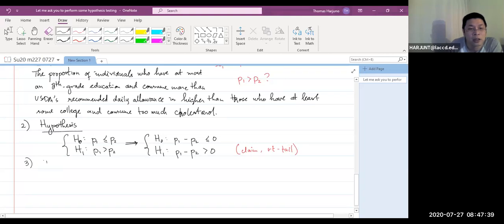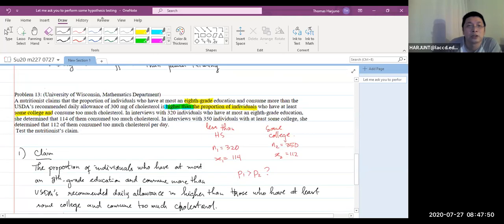Okay, and then test statistic. Let's prepare some numbers first. So how about p1 hat? p1 hat is 114 over 320, that's 0.35625.